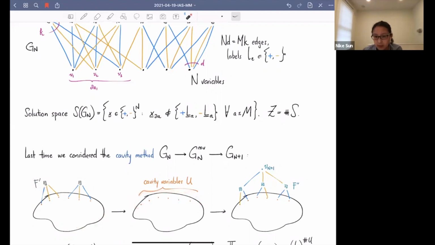So each of them has degree d minus 1. And then you add back a new variable and some new clauses. And here you re-randomize, so each of these edges gets a new independent sign. And you consider what happens to the number of solutions as you go from one graph to the next.